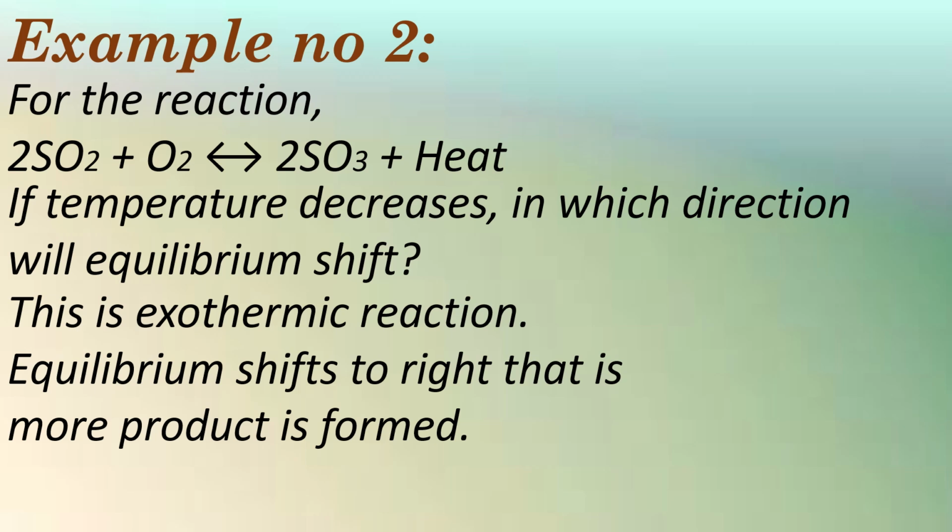Because we are removing heat, the temperature decreases means we are removing heat. So equilibrium will shift to right, more product is formed, more sulfur trioxide is formed. So this is for exothermic reaction. If the reaction is endothermic, then the inverse occurs.